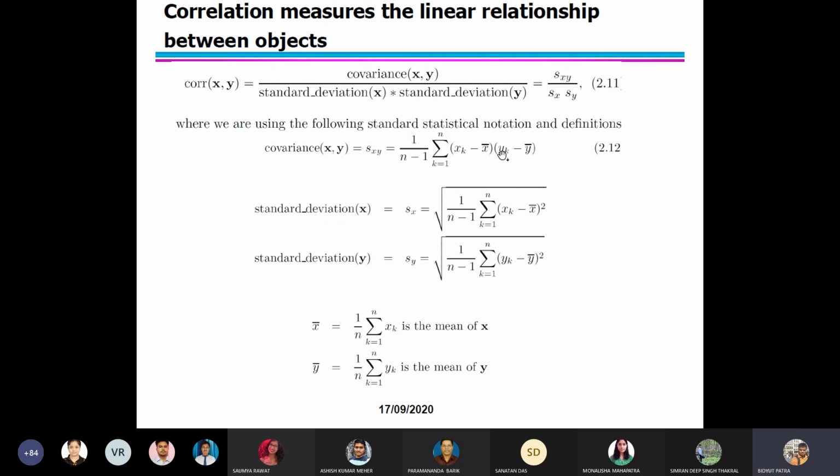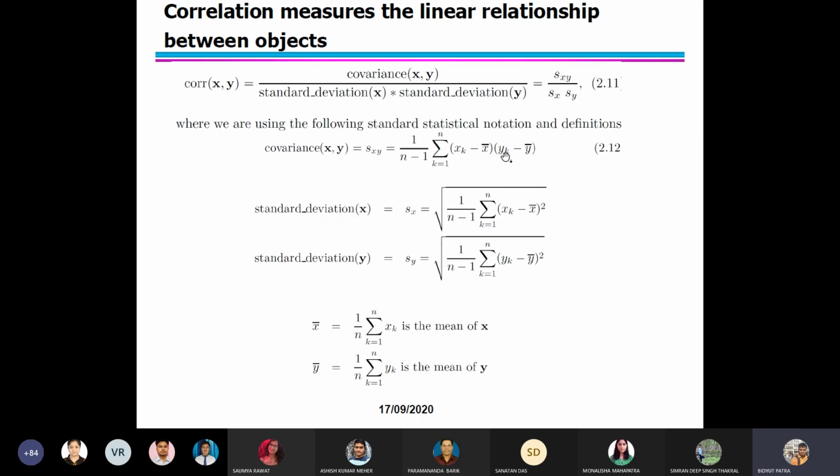And we do this for the other attributes also. Xk and yk are the values of the two objects on the same attribute. Say, let's say k equal to 1. Please note, xk and yk are the values on the same attribute of object x and another object y.